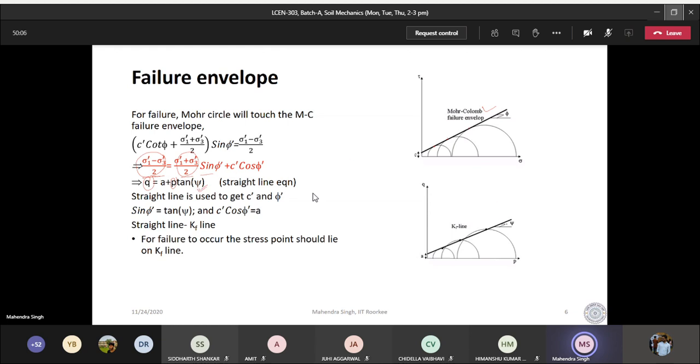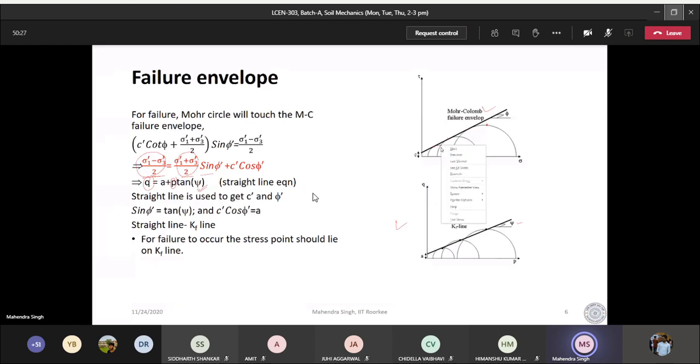Normally it is called psi. So this is the psi angle. So here in the second plot, we have plotted only these points. One point is here, another point is here, and third point is here.